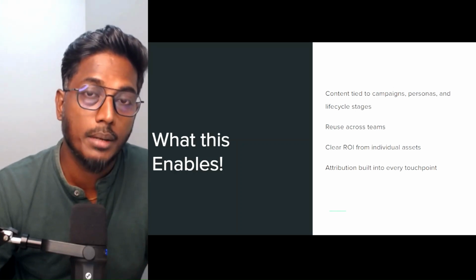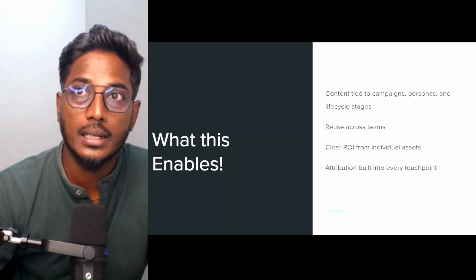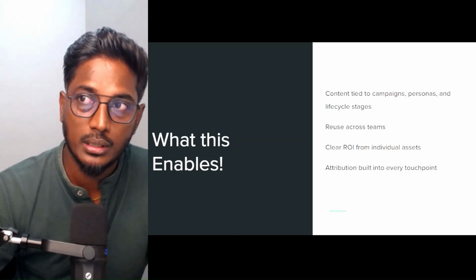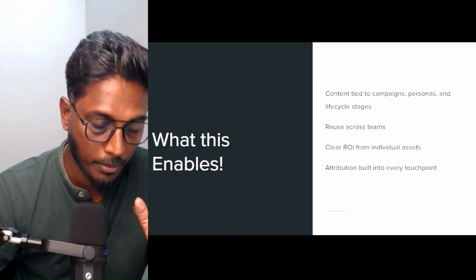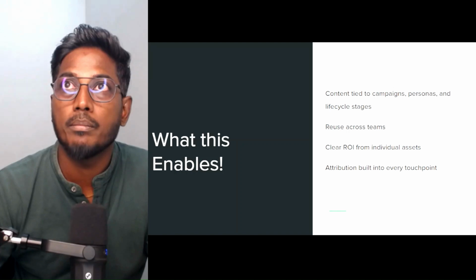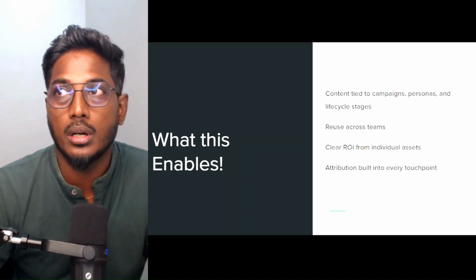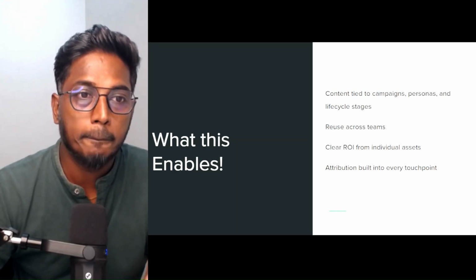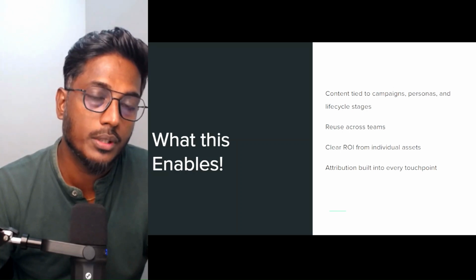How does content impact the size of the deal, how has this content helped increase the speed of a particular prospect moving from problem unaware stage to product aware stage, and how can it increase the close rates of a particular product vertical? So all of these questions you will be able to answer with a proper reporting structure.